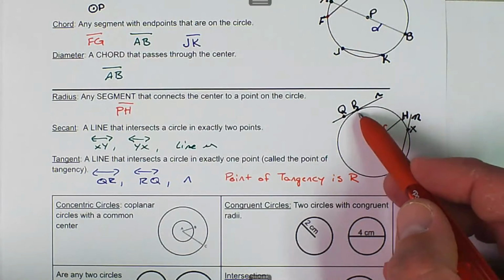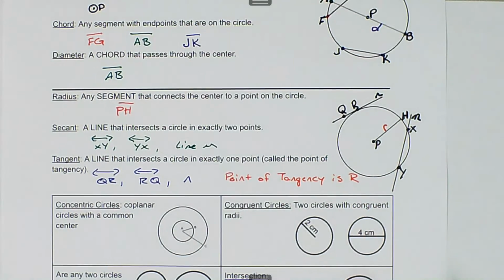The line is tangent. The point at which it happens is point R.